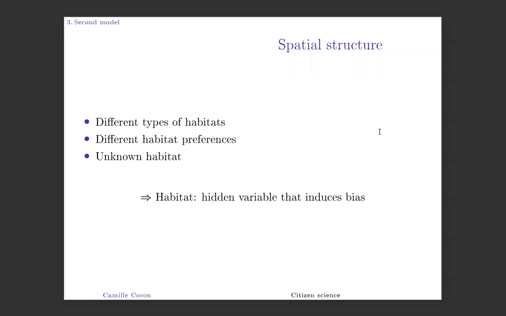At this stage of the work, we could already make abundance maps, relative abundance maps, but the biologists we were working with told us that the problem is that it was not very realistic to neglect the habitat structure of space, because space will be covered by several types of habitats, let's say some forest or some agricultural regions.